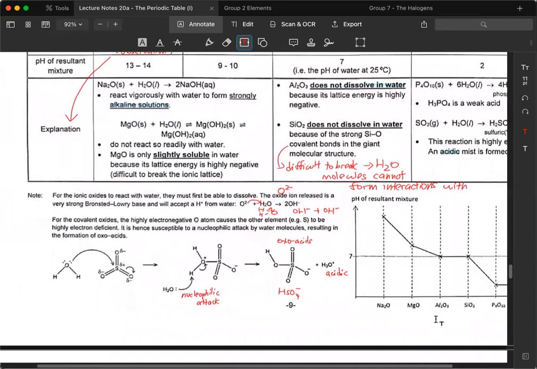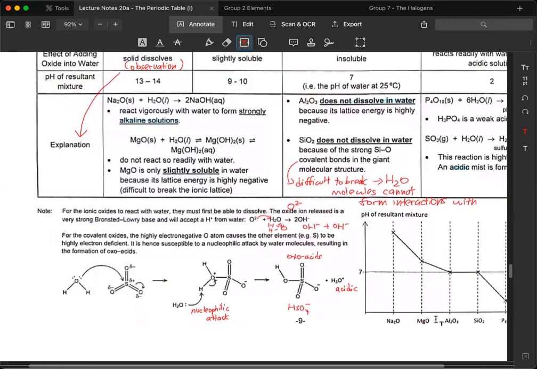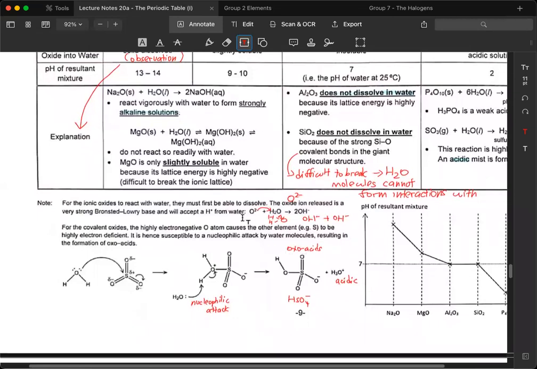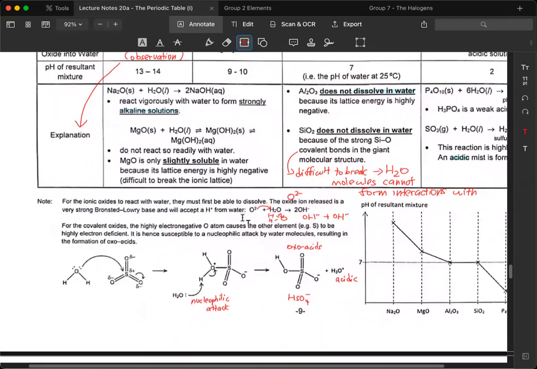Now, for the ionic oxides, to react with water, they must first be able to dissolve. So the oxide ion released should be a very strong Bronsted-Lowry base, which means that it will accept a proton from water.